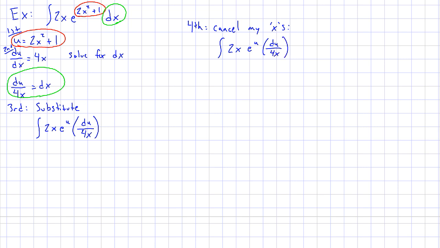My 2 and my 4 don't totally cancel, but the x's do cancel. And then I end up with 2 over 4 e to the u, which will be 1/2 e to the u. So just being aware that those coefficients are flexible.